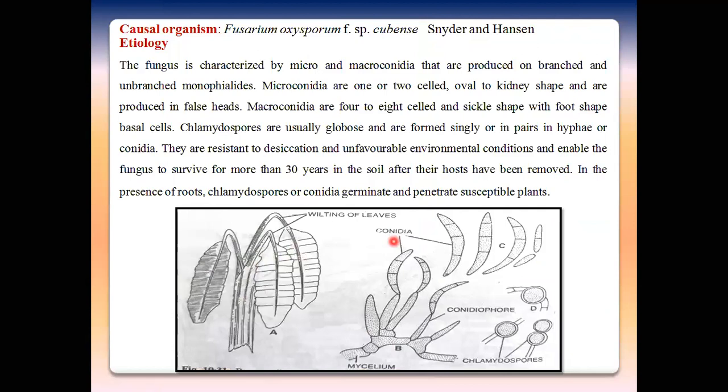Then we go to the causal organism, Fusarium oxysporum f. sp. cubense. This fungus majorly attacks banana and produces fungal wilt. The pathogen produces hyphae and mycelia.